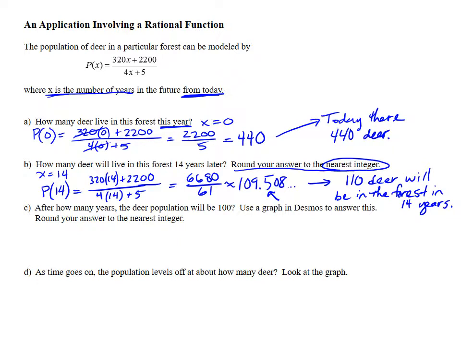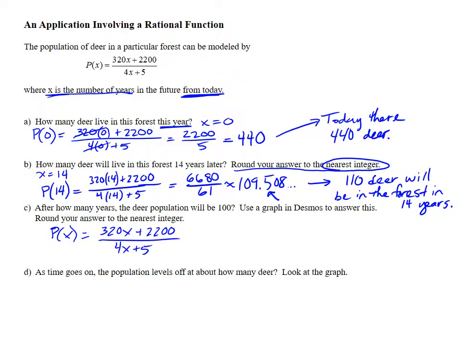The next two questions ask us to use Desmos and the graph of this function to answer them. In part C, it says, after how many years will the deer population be 100? So we'd like to use Desmos to answer this. To do that, we would want to graph the function p of x equals (320x plus 2,200) over (4x plus 5).